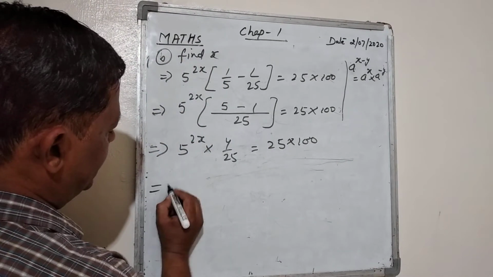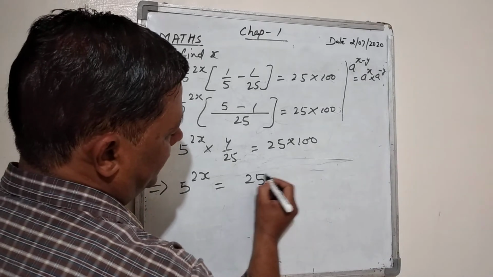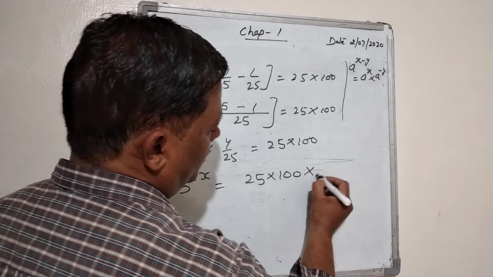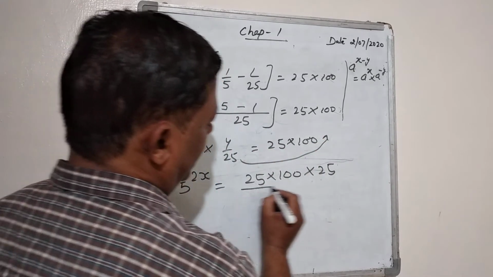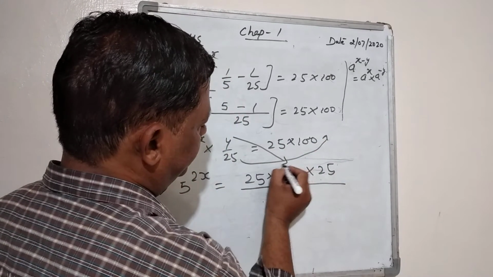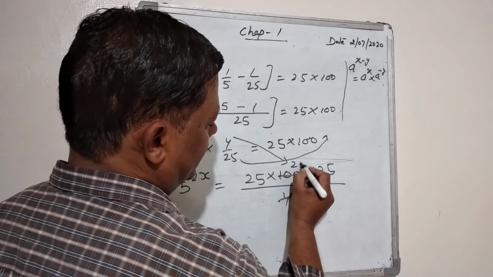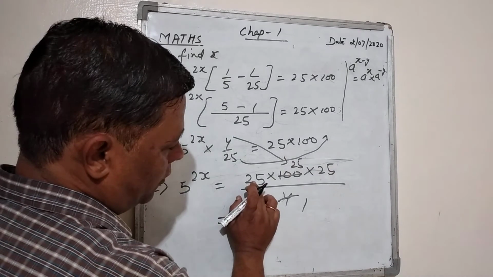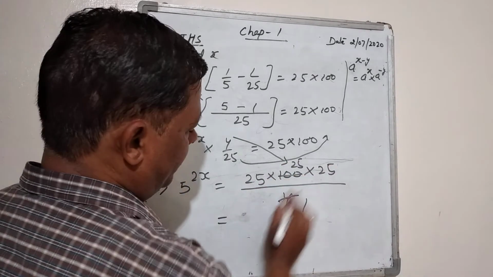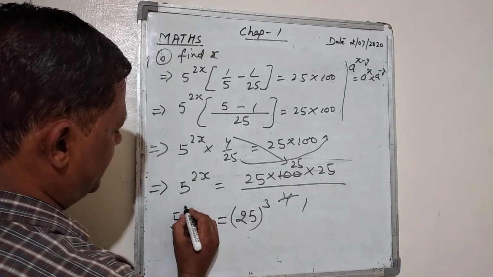So we write like this: 5 raised to the power 2x equals 25 into 100 into 25. This 25 will go up and this 4 will come down. So 4. Now you cut 4 into 100, 4 times 25. So you have here 25 into 1, 25, 25, 25. So 25 raised to the power 3. That is 5 raised to the power 2x.